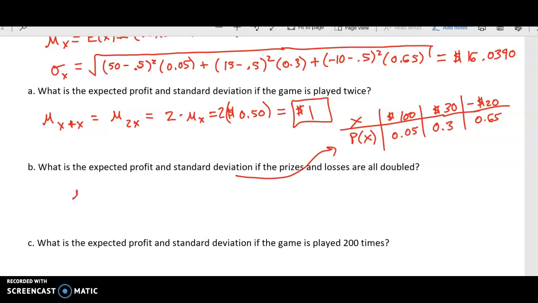If we double the profit, we know that we're gonna double the mean, the original mean.